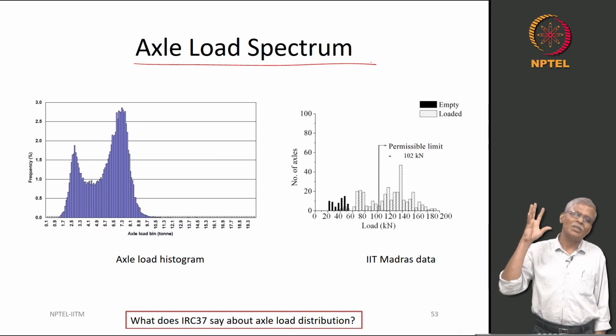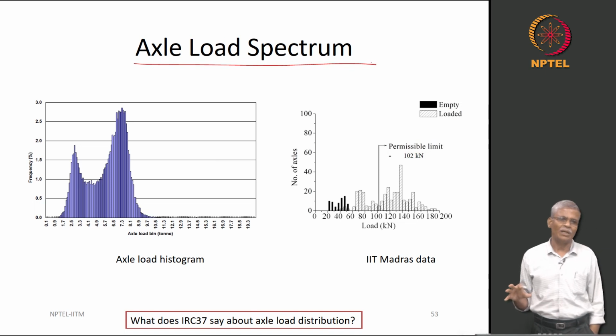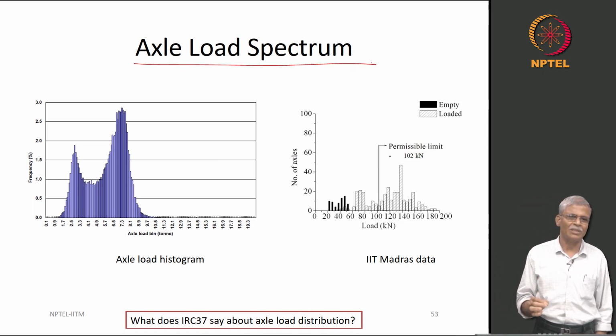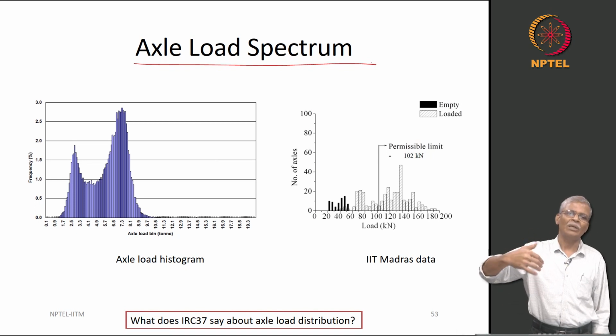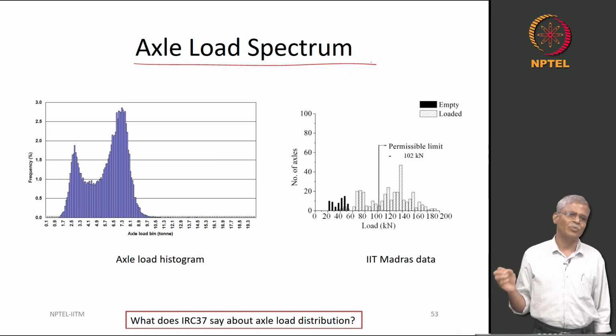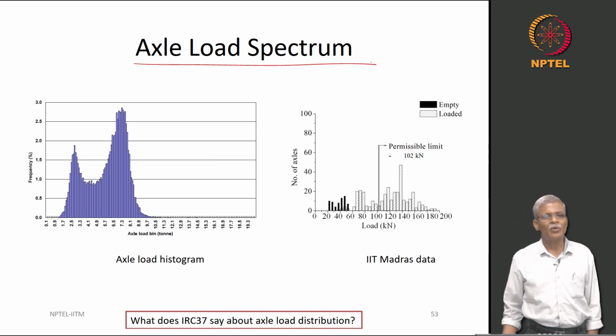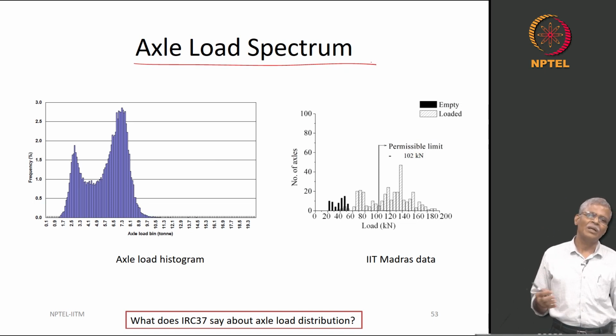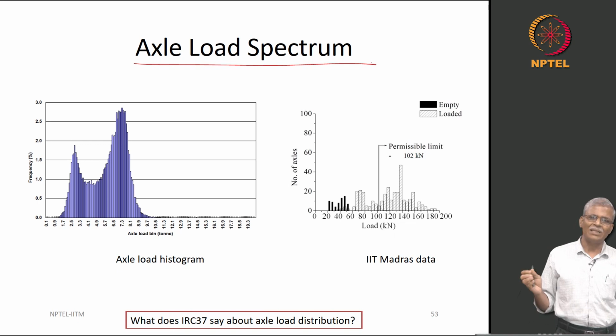So, what is very important for India is to map all the national highways in this country, collect the data completely from each and every point, and then come out with the axle load distribution, the axle load spectrum. Most of the time we do not seem to be collecting such data and doing the detailed statistical analysis.